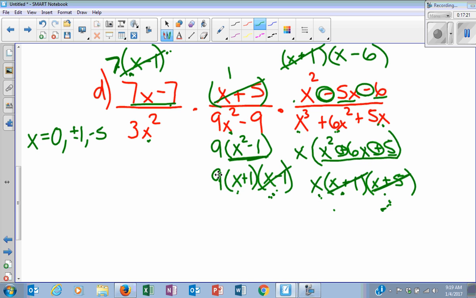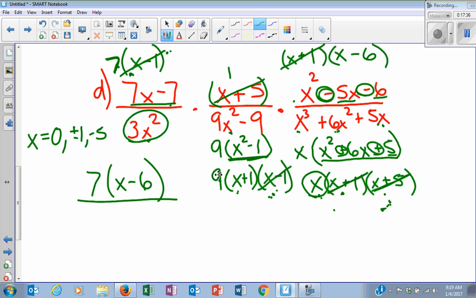So what I do is, on my top I'm left with 7 times x minus 6. And on my bottom, I'm left with a 3x squared, and this x, and this 9. Let me back up. What I can do is multiply all the numbers. 3 times 9 is 27, so I get 27 done.